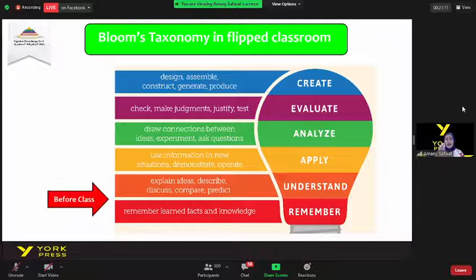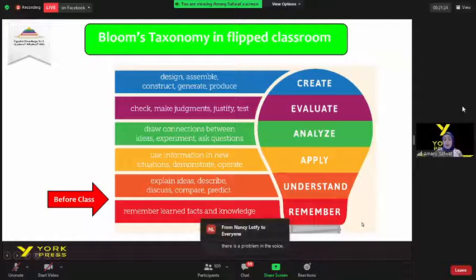And this happens before the classroom. We used to have this inside the classroom. We used to teach them, explain everything, and let them memorize many things. But here, this happens before the class.